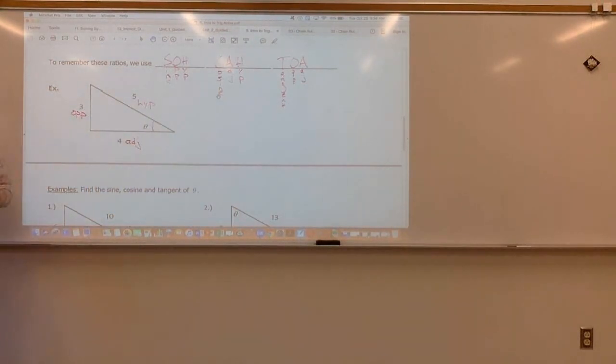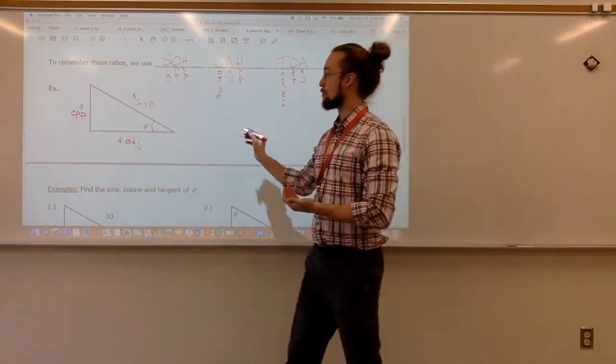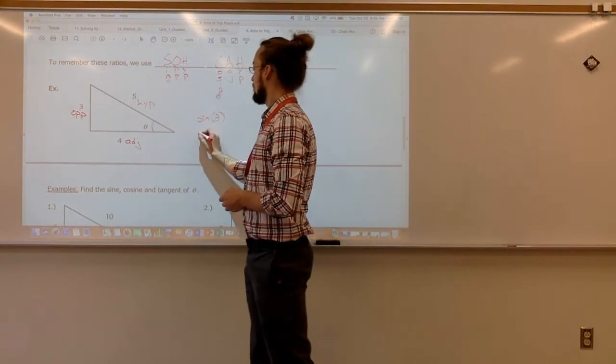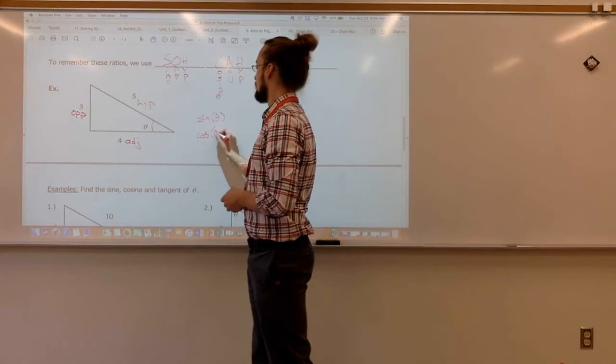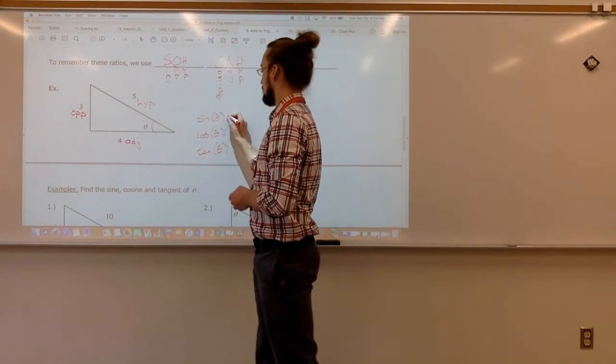So, all we're going to do today is write out our trig ratios. I want to find the sine of theta, the cosine of theta, and the tangent of theta.